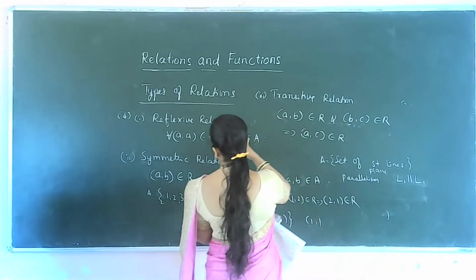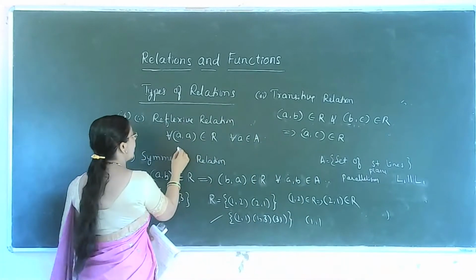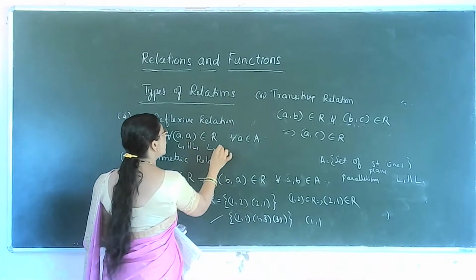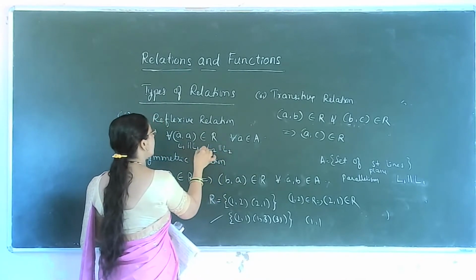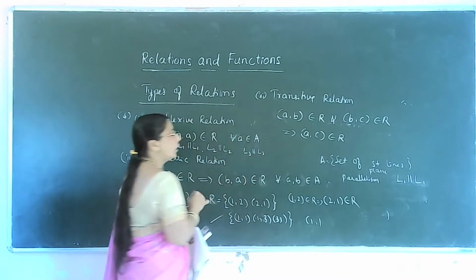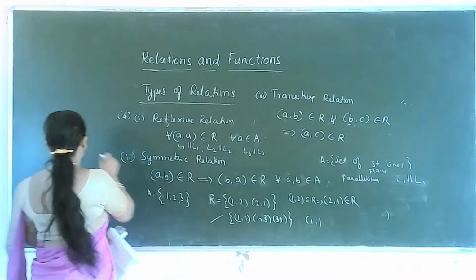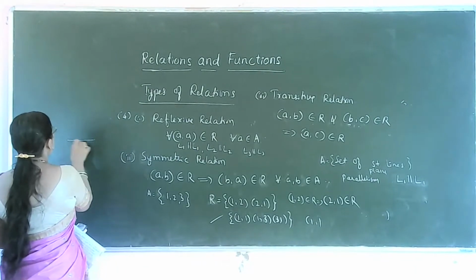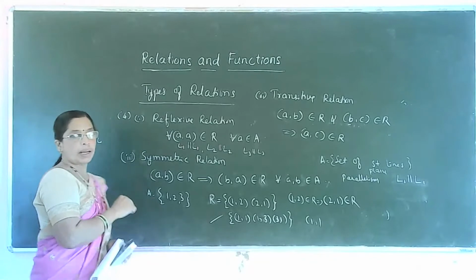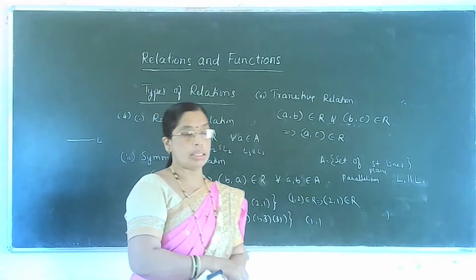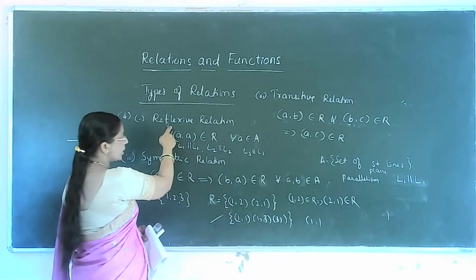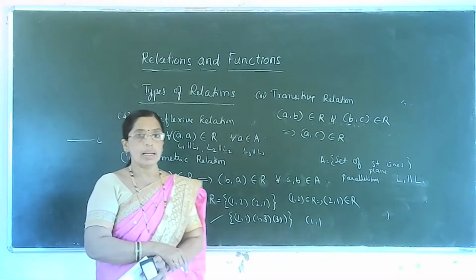I will write here reflexive, (a, a). L1 is parallel to L1, L2 is parallel to L2 itself, then L3 is also parallel to L3. You know about parallel lines. One parallel line is parallel to that line itself. Therefore, we write that parallelism is a reflexive relation.